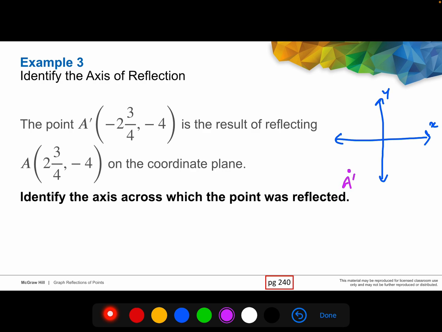My point A is 2 3/4, which means traveling in this direction, comma -4, traveling in this direction. So my point A is over here. So across which axis have we reflected the point? The point's reflected across the y-axis.